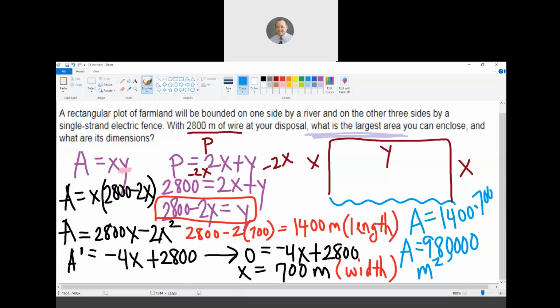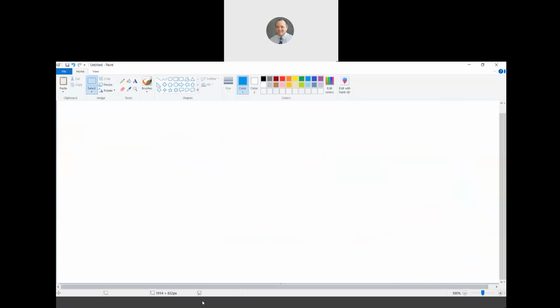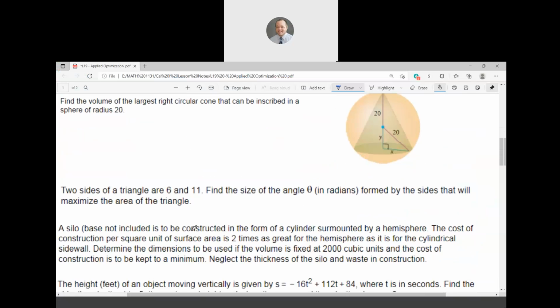All right, let's look at another geometry problem that involves a triangle.